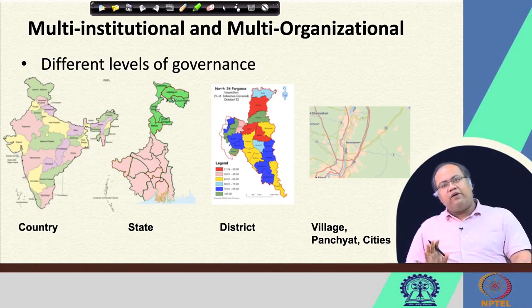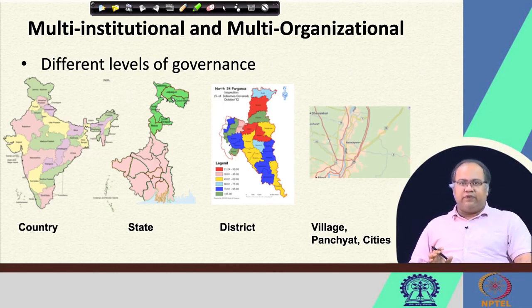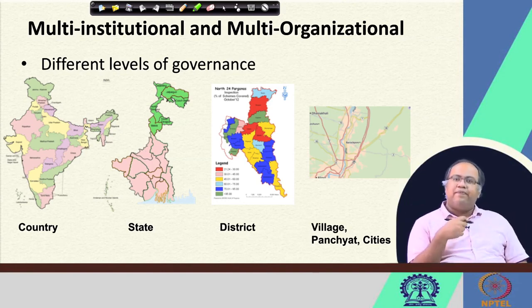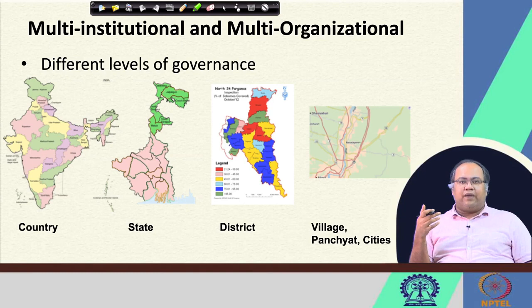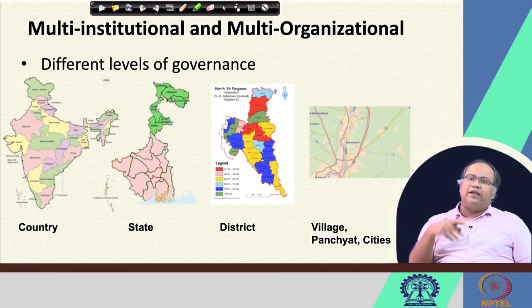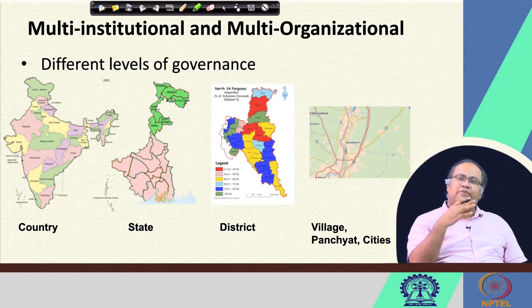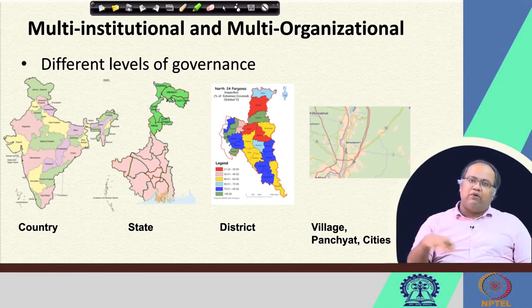So, this government data is much more important from that perspective. Now, if you think about this governance architecture, if you take a case study of countries like India, you will see that by nature it is multi-institutional and multi-organization. In a democratic country like India, you have different states, and different states have different districts, and under different districts you have the villages, panchayats and cities and so on. There is a hierarchy of governance that comes from the central government to the lower level governance.